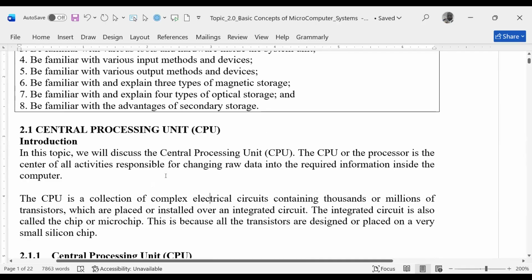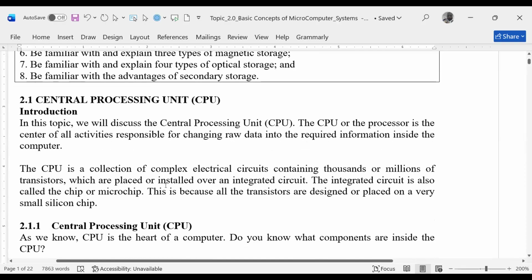We have already discussed this, and you are aware that the CPU is the main component in a microcomputer that converts all activities into meaningful things for you. So before you can convert data into information, it's a job of the CPU or the processor.